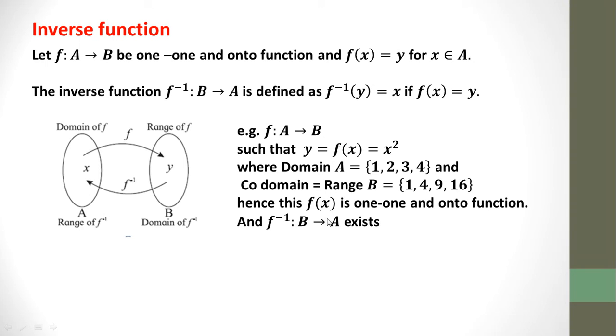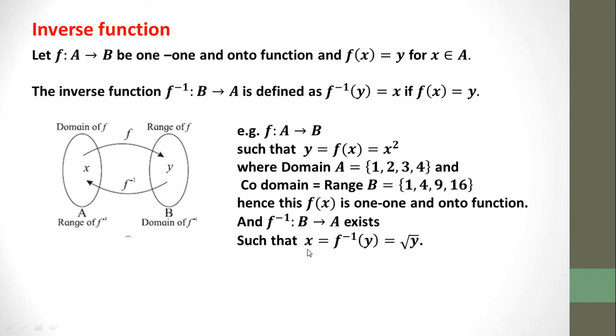So what about the inverse now? The original function is y is equal to f of x is equal to x square. As per the definition of inverse function, the inverse exists, that is f inverse from B to A. How will you write the inverse function? The original function is y is equal to x square.